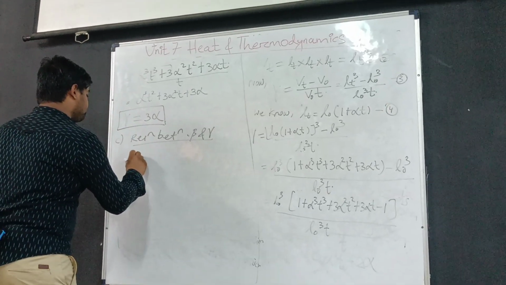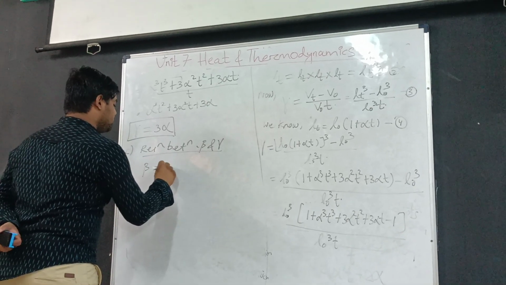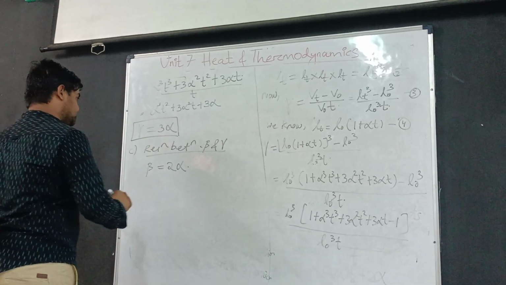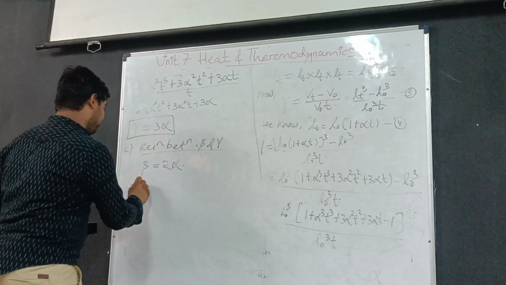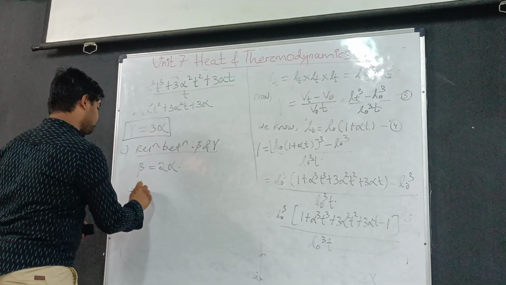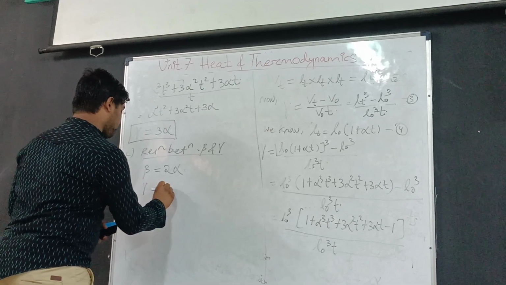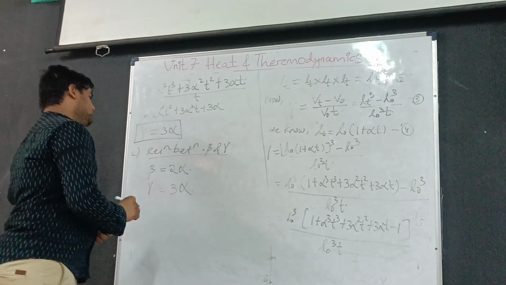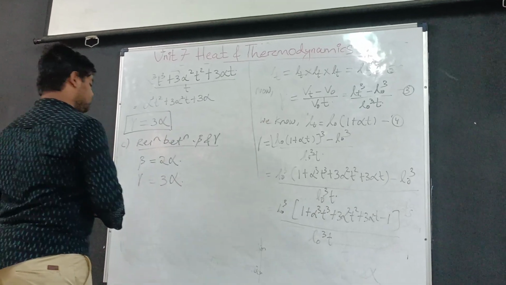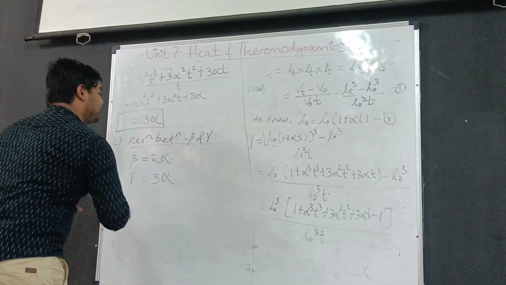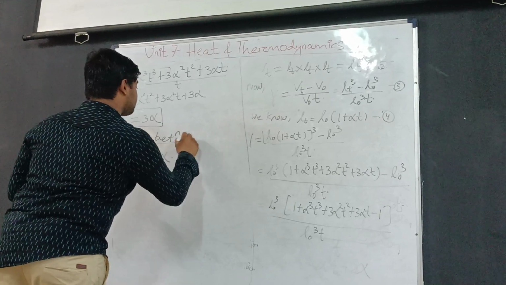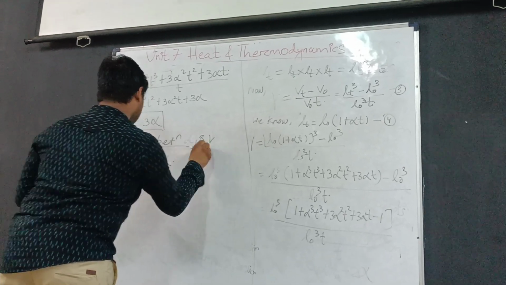So we had beta equal to 2 times alpha. Let us directly find out the relation between alpha, beta and gamma.